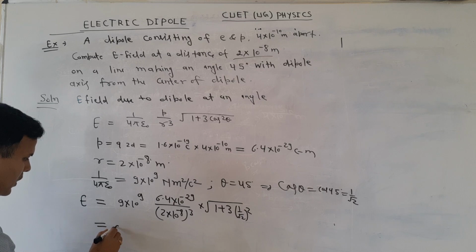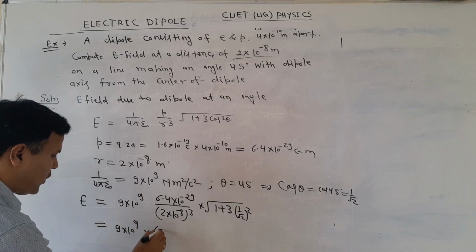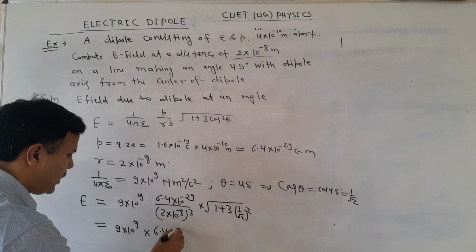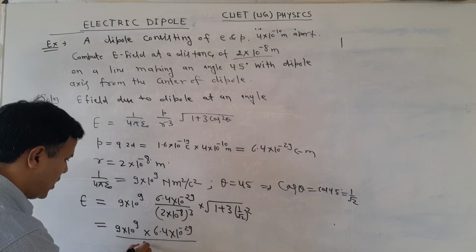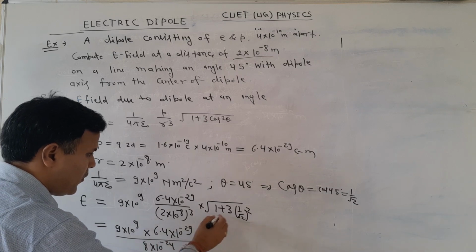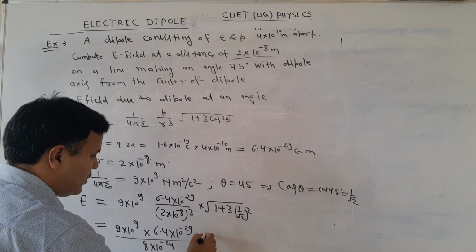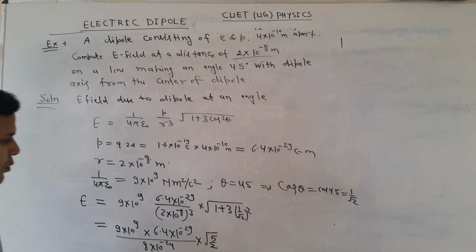So we have 9 into 10 to the power 9 into 6.4 into 10 to the power minus 29 divided by 8 into 10 to the power minus 24, into 5 by 2.